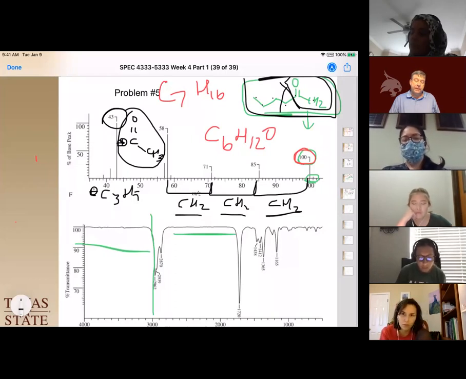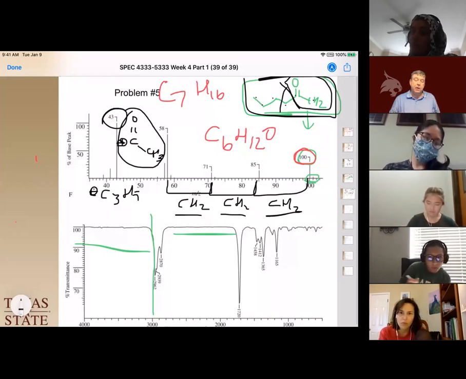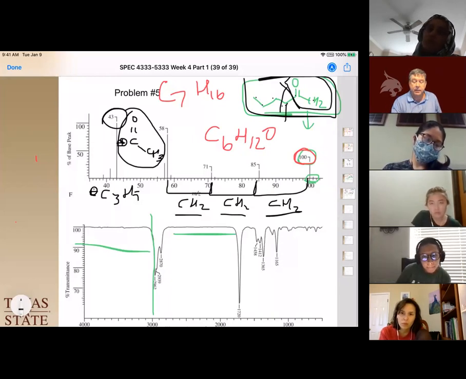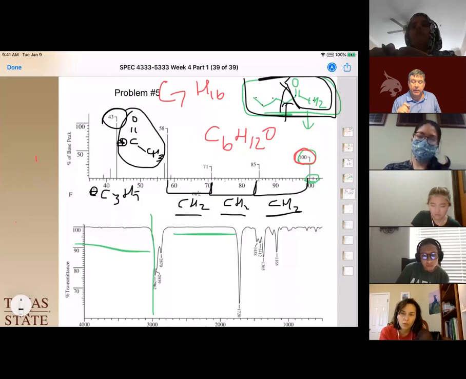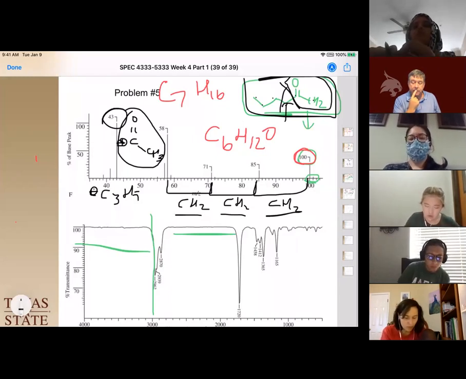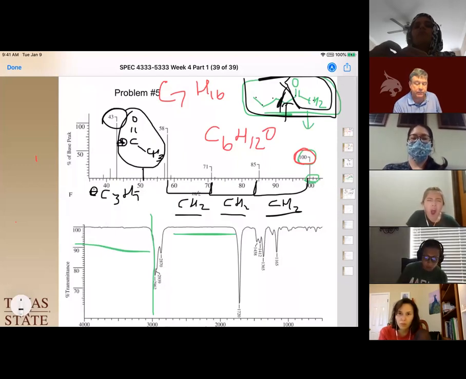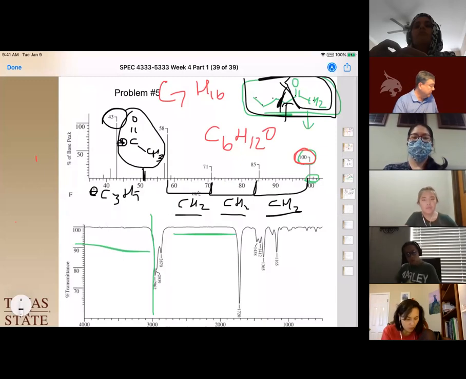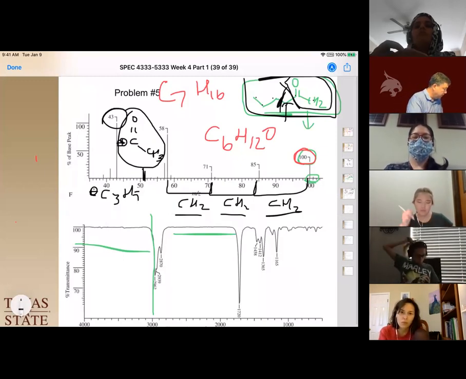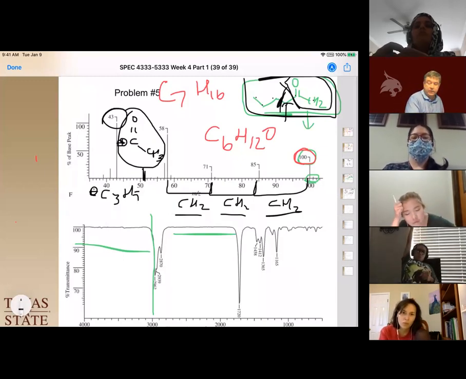So let's see. If we move the carbonyl over one to make the carbonyl on here, we would see a different fragmentation pattern. We would see a larger fragment. We'd see a fragment at 53, which would be, no, the C4 peak would be there.